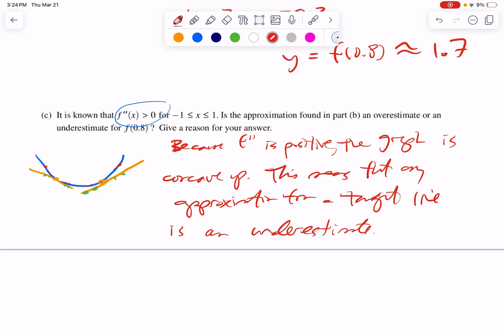You don't have to explain how you know that. You just want to very clearly put your finger on what information you are using. Second derivative is positive, means the graph is concave up, and I am confidently asserting I know this relationship about how concavity is related to tangent lines. Obviously, drawing the picture helps you understand this, but you are being evaluated on your words, not your picture.